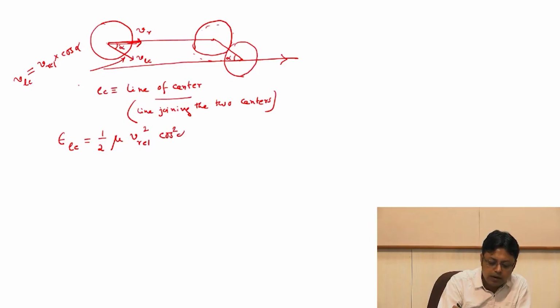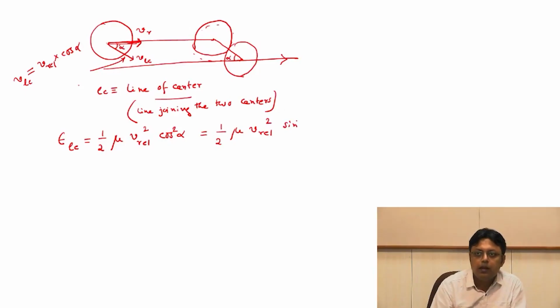Now cos square alpha I can write as 1 minus sine square alpha. Now how will I write sine square alpha? Think about it: what is this distance? This distance is nothing but RA plus RB, the line joining the two centers.